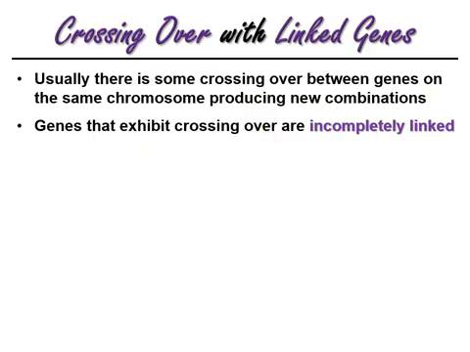If they exhibit it all the time, then they would be completely unlinked genes. We wouldn't be talking about them in terms of complete linkage or linked genes. They're just completely different, what are called linkage groups, meaning they could be on different chromosomes for all that we know. But right now we're talking about genes that exhibit crossing over, but the Mendelian ratios are not maintained.